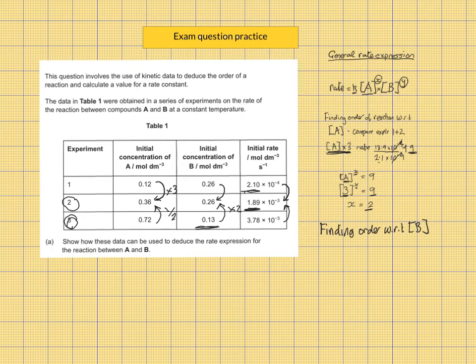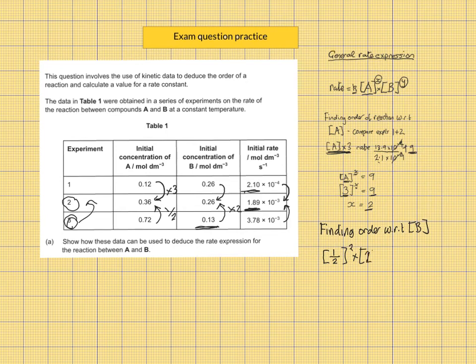In experiment 3 to 2, the concentration of A has been halved. And we know that the order with respect to the concentration of A is second order. Between experiments 3 and 2, the concentration of B has been doubled.